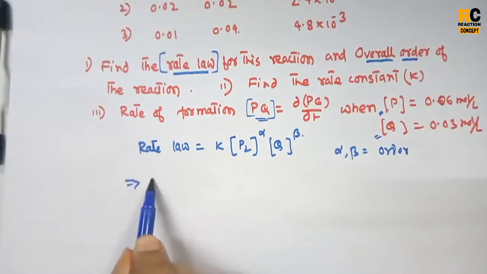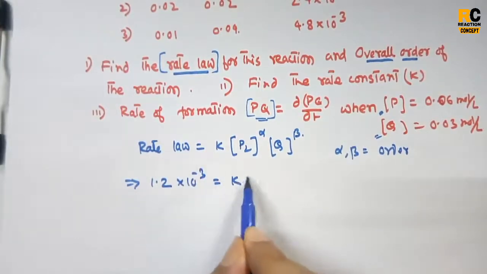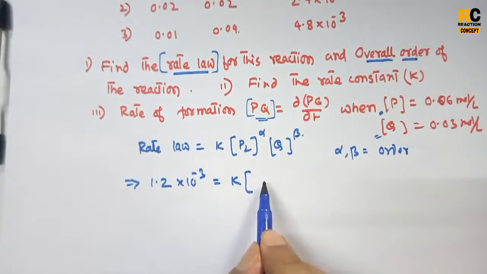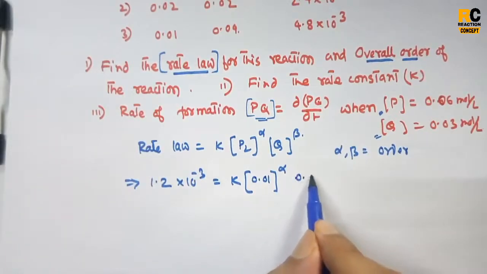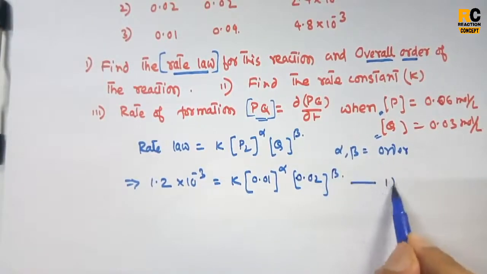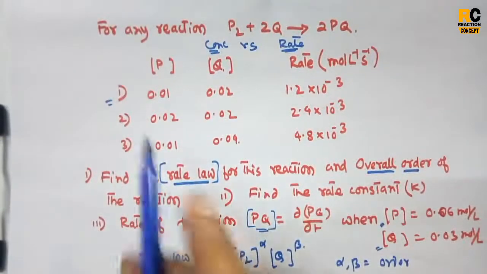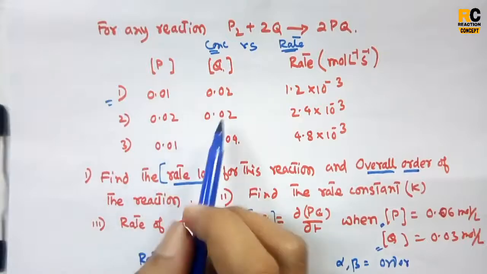Rate is 0.03, K into 0.01 to the power alpha and 0.02 to the power beta. Number it as equation one.